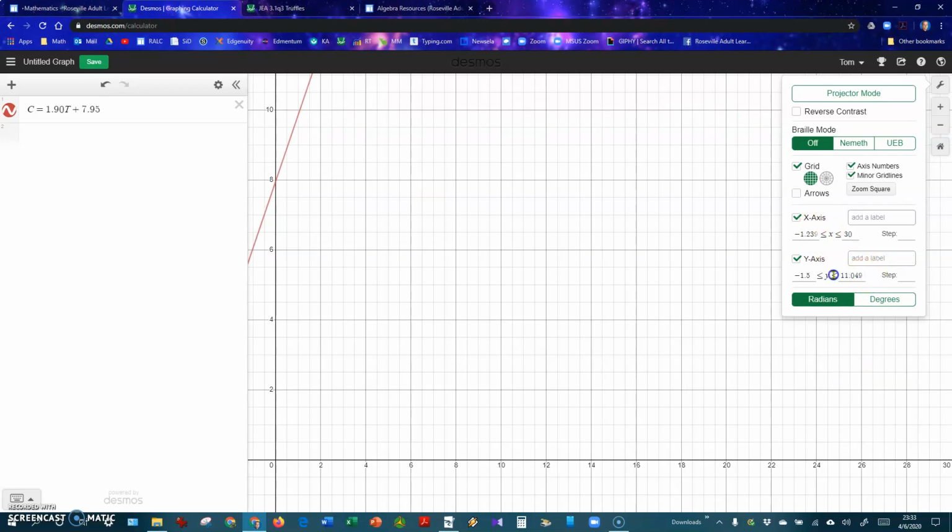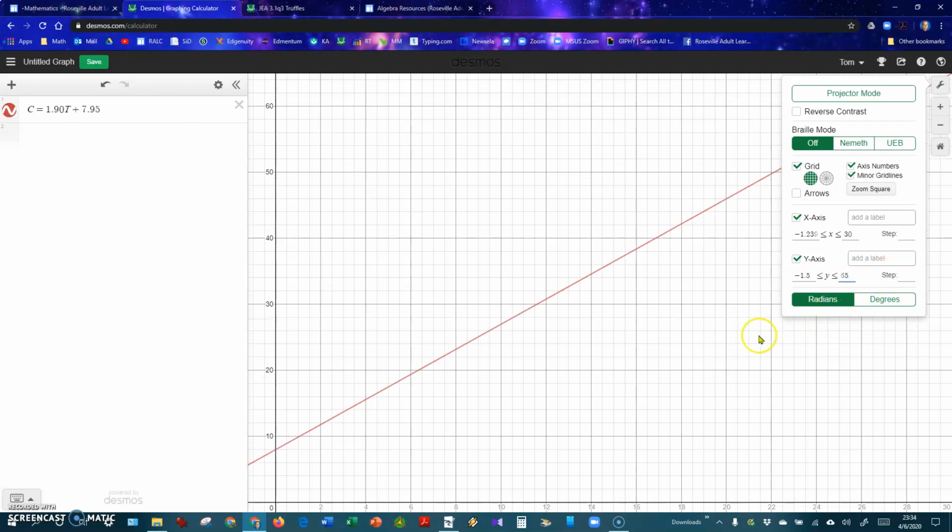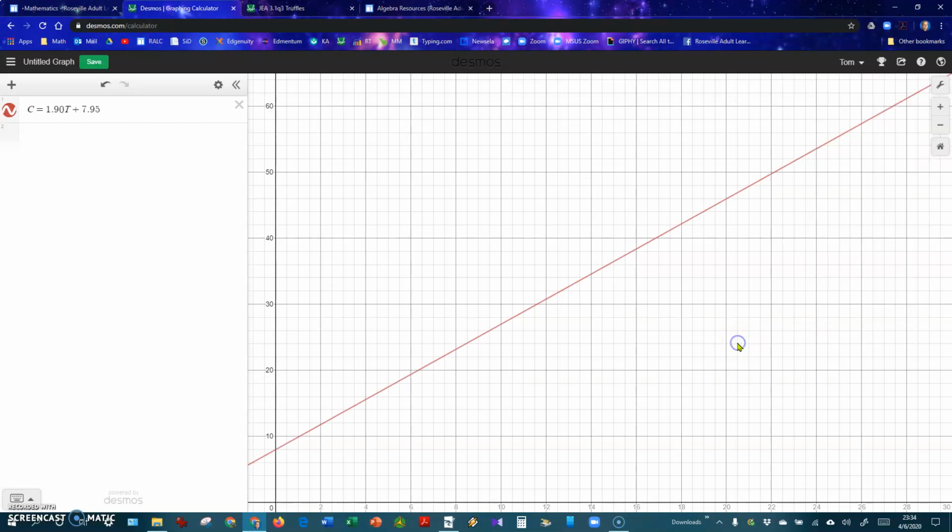And my cost, so since our x-axis is our independent, that is the number of truffles, and our y-axis would maybe start at 0, and we would go up to, let's see, we had up to $65. And there's an example of our graph. Starting at 0 right here, that would be our $7.95.